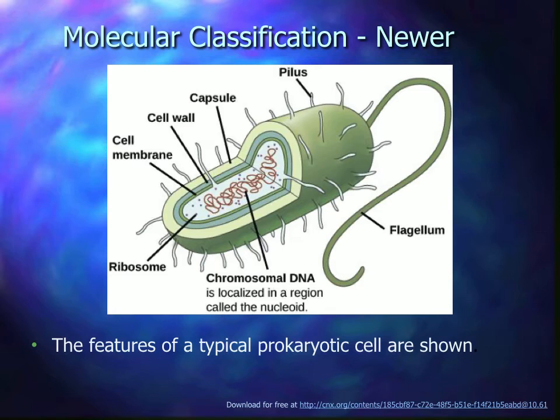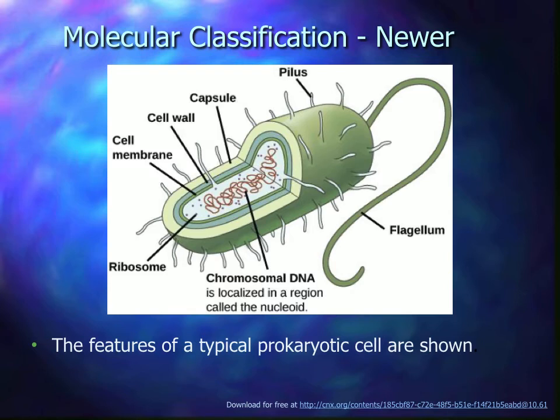In bacteria, the cell wall is made of peptidoglycan. In archaea, it's made up of a pseudo-peptidoglycan, never the same. Bacteria have a single circular chromosome with one origin of replication. Archaea also usually have a single circular chromosome, but they have multiple origins of replication, kind of like eukaryotes.